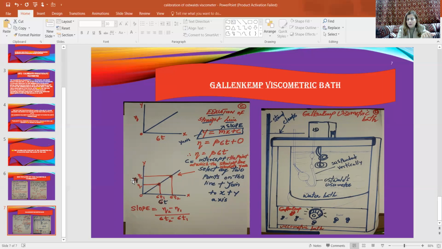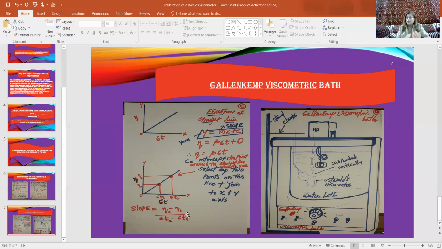Here you have a graph between eta and rho t. Name the first point rho t1 and eta 1, and the second rho t2 and eta 2. This is x and this is y. So the slope equals eta 2 minus eta 1 over rho t2 minus rho t1.